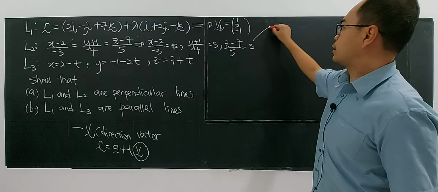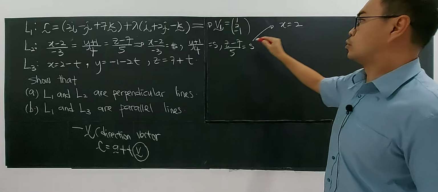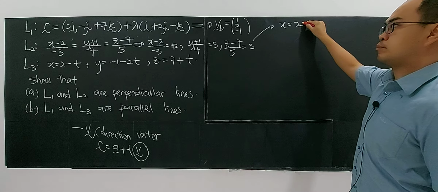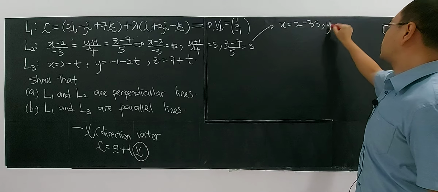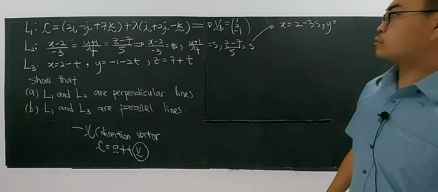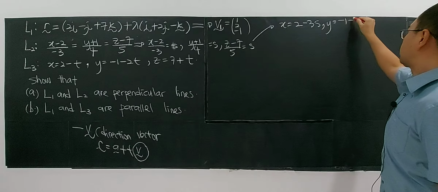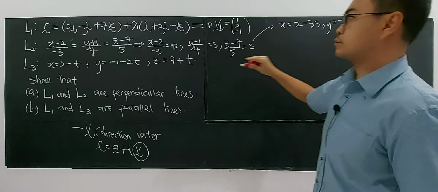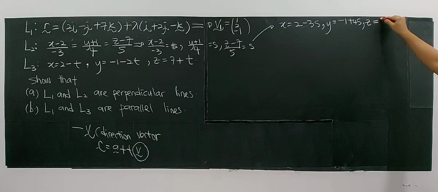If you rewrite, you get x equals 2 plus -3s, y equals -1 plus 4s, and z equals 7 plus 5s.